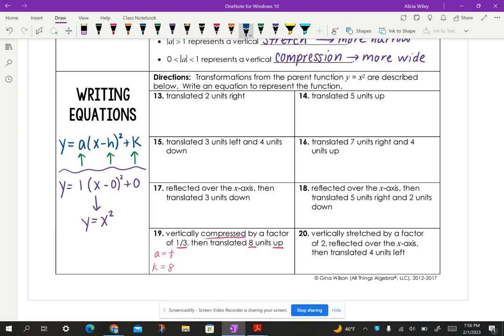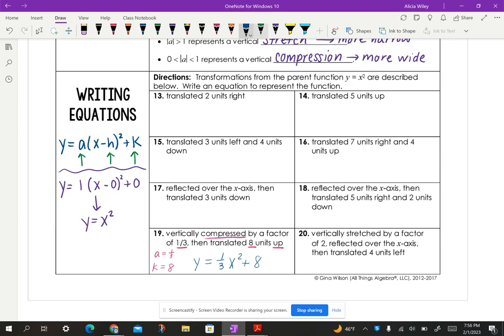So when I go to write my equation, I'll have y equals my a value of 1/3. I don't need a parenthesis, sorry about that, because my h value will still stay 0. So I can just write it as x squared. And then going up 8, that would be a plus k value, so plus 8. So it looks something like that.